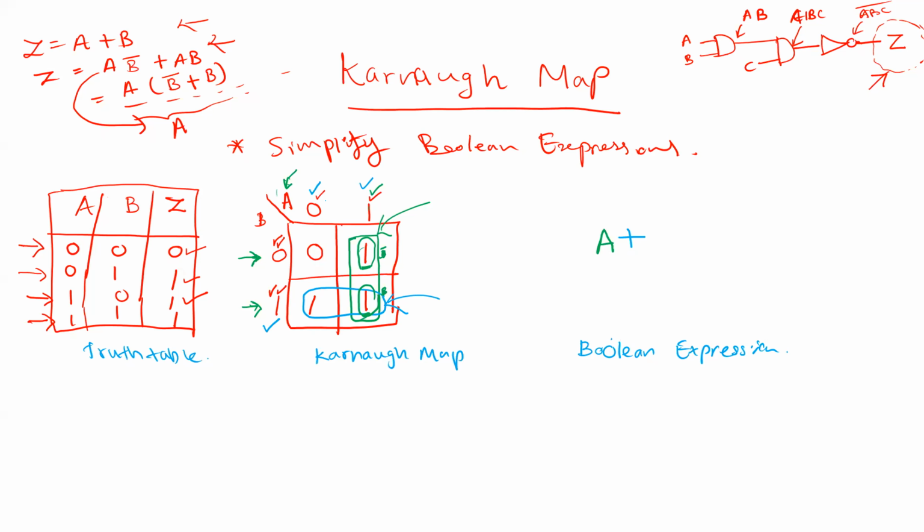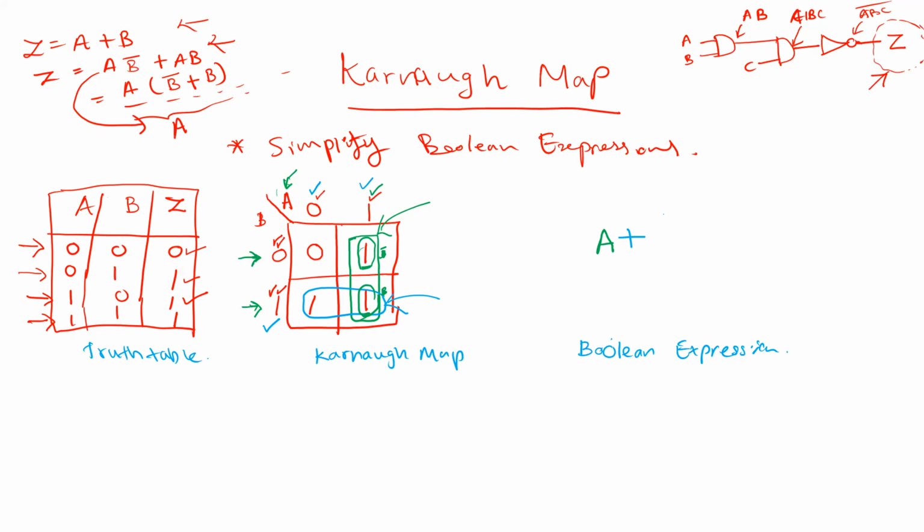So if we compare with A, what will happen at the first state? It will be not A. And the second state, it will be A. A, not A. Right? So we are not going to take that. We are going to eliminate that. We are going to consider this B only.